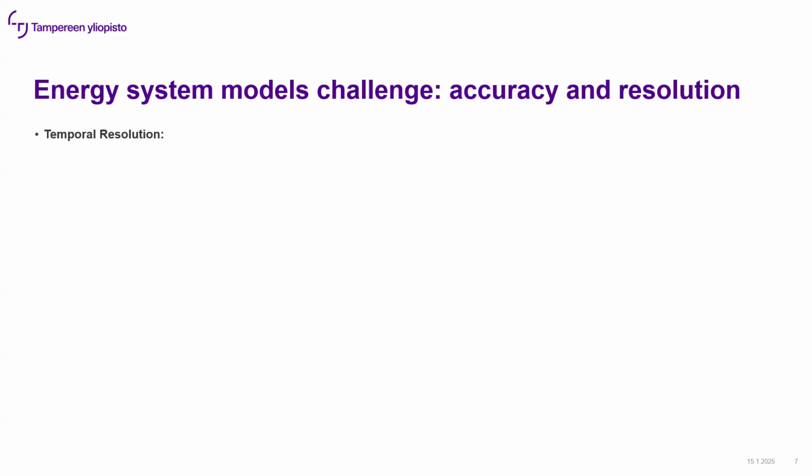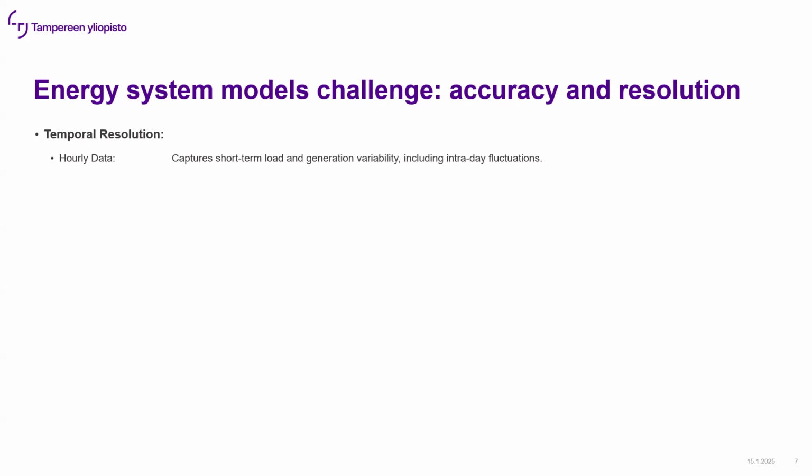So related to these models, the challenge is how accurate you want to make the model, and what kind of resolution you want to keep in it. For the temporal resolution, you can have hourly data, which captures short-term load and generation variability, including intraday fluctuations.